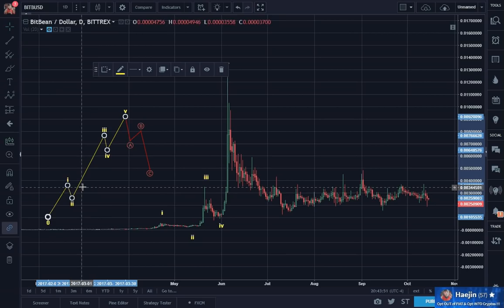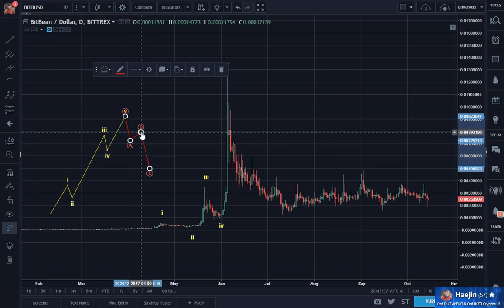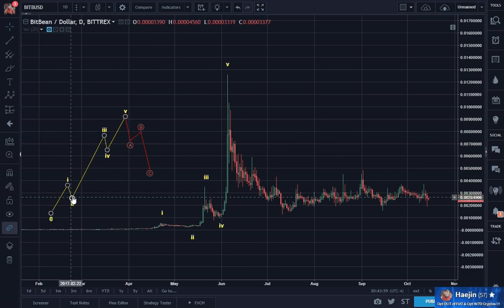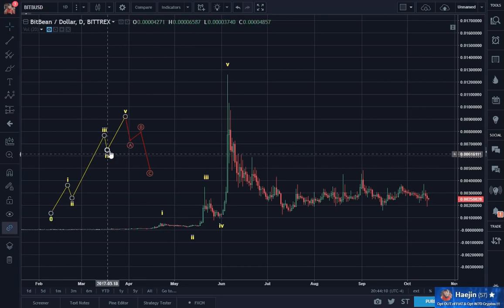Okay, now in stocks, wave 3 is the extended, the longest. You'll see like this. And when wave 3 is the longest, wave 1 and 5 are about the same.